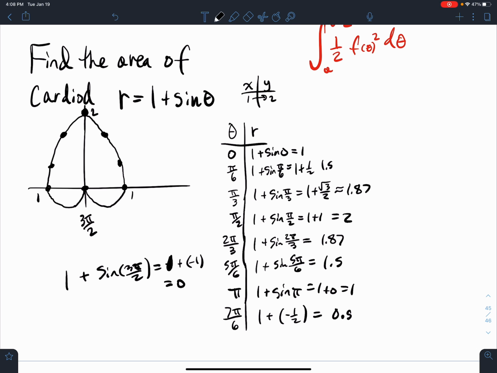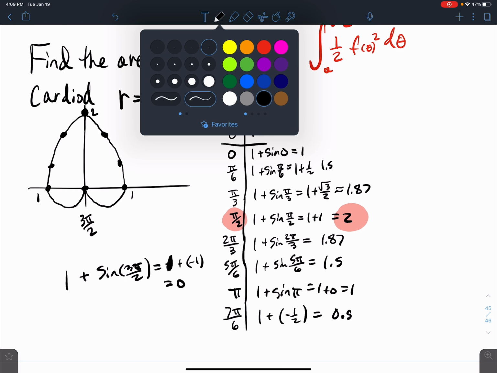So that's a way to help you graph this by hand if you had to graph that by hand. You just plug in theta values, and as you plug in theta values, you evaluate the rule that gives you the output r value, how far away you are from the origin. Like for example, at an angle of pi over 2, we're 2 units away. Well, what does an angle of pi over 2 look like?